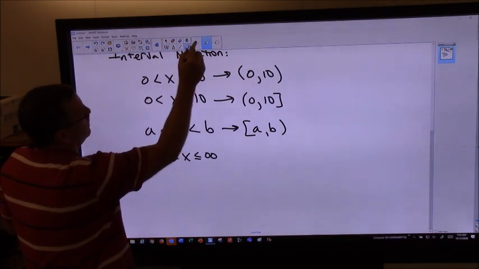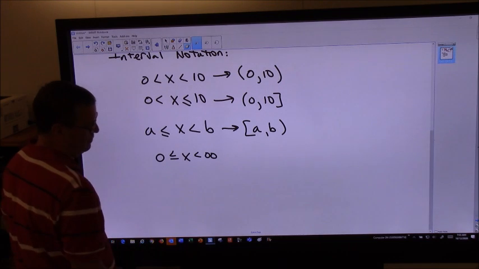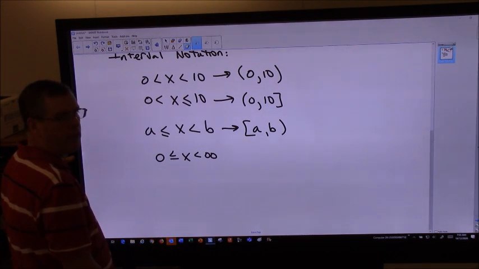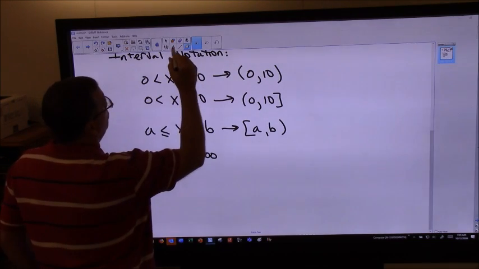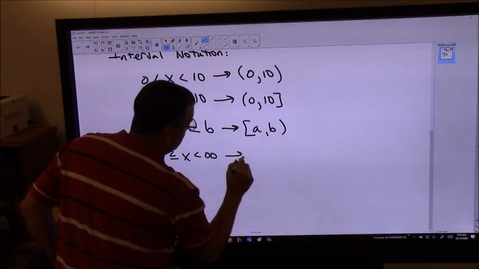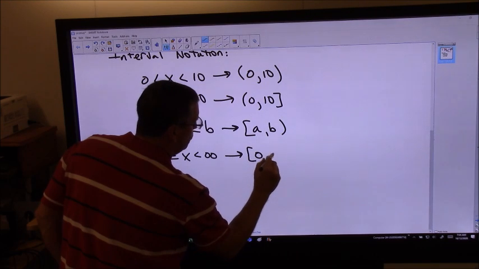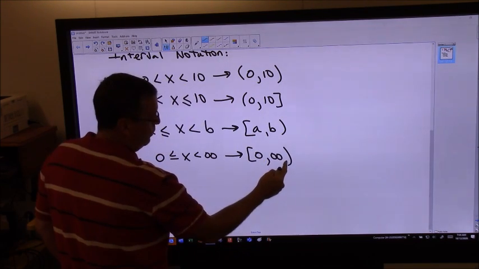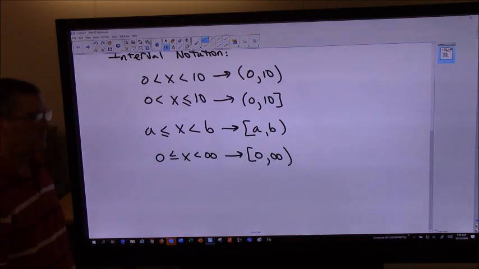So really, that equal sign shouldn't be there. All right, you'll never have an equal sign with infinity or negative infinity, which means my interval would be from 0 to infinity, and I will never see a bracket here with infinity. Okay?